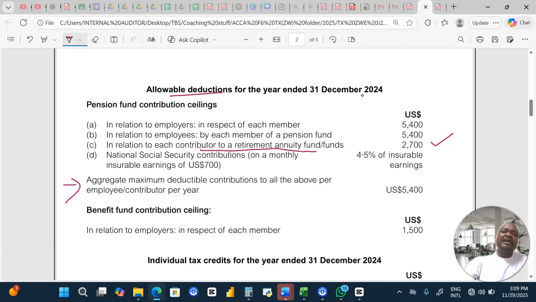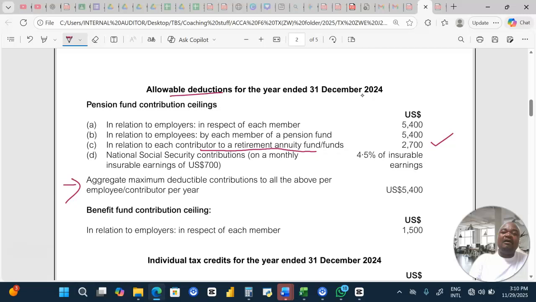But now, when we look at the question, it says she was contributing $300 per month to the RAF, and part of her contributions were channeled toward the NSSA. So 300 multiplied by 12, that's only 3,600. Be serious.